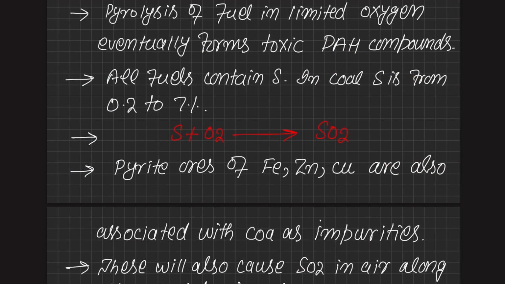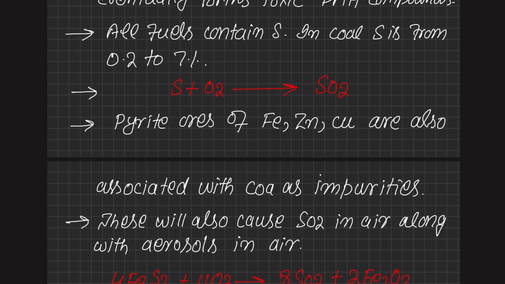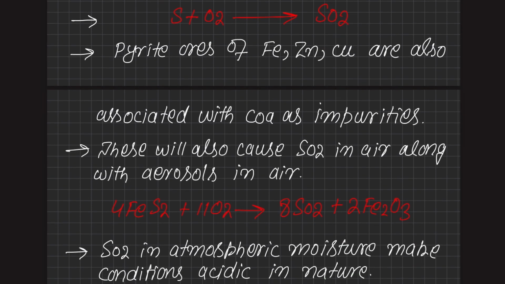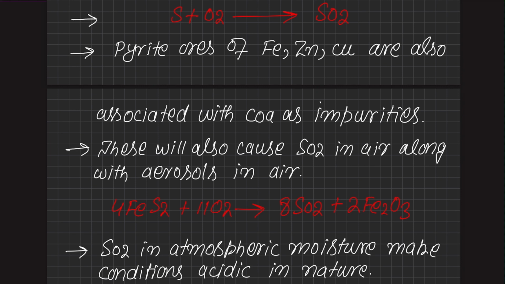Apart from carbon, the other major element contained in coal is sulfur, and its concentration is usually 0.2 to 7% in fossil fuels, which is one of the highest found in coal. Sulfur reacts with oxygen to produce sulfur dioxide. Apart from that, there are various impurities such as pyrite ores of iron, zinc, and copper.